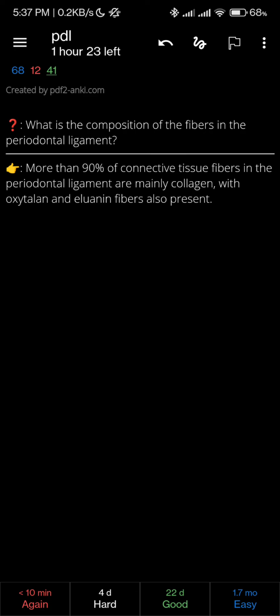More than 90% of the connective tissue fibers in the periodontal ligament are mainly collagen, with oxytalan and eluanin also present. Oxytalan and eluanin are immature elastic fibers that support the blood supply, regulating the blood flow.